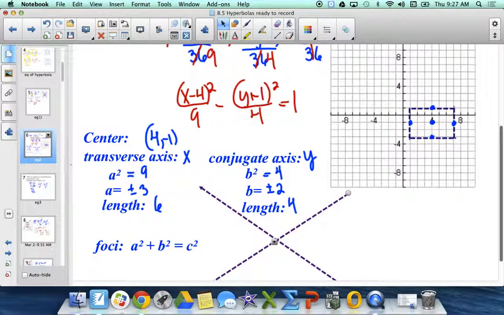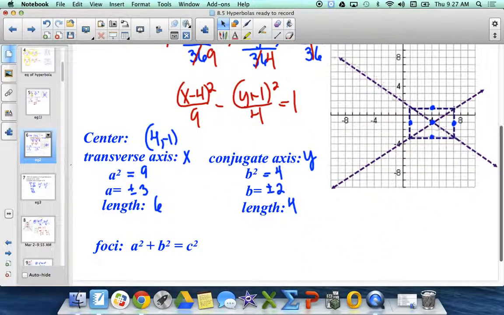And we want to draw our asymptotes. Remember, your asymptotes go through the center and from corner to corner. Then after that, we want to draw our curve. So we will go to our vertices on the x and draw our curve.